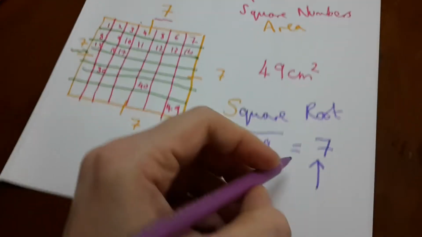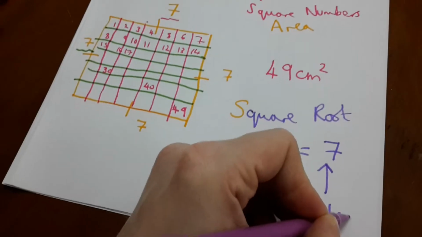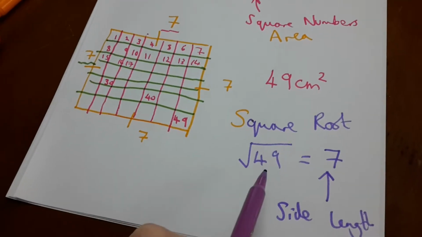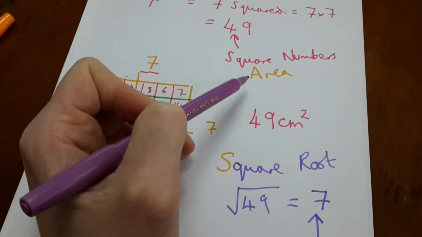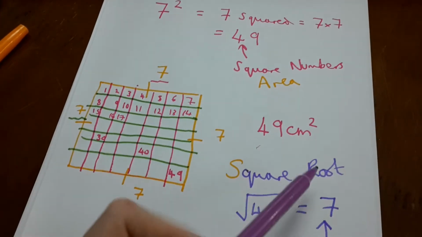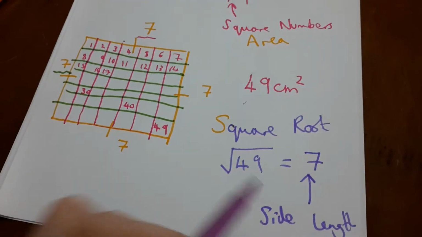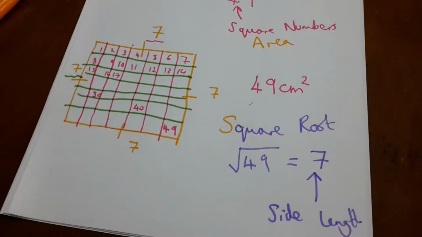So 7, or the square root, tells us the side length of the square that would give us an area of 49. So a square number tells you the area of a square with the side length of 7, whereas a square root tells you the side length of a square when you already know its area, which here we know is 49.